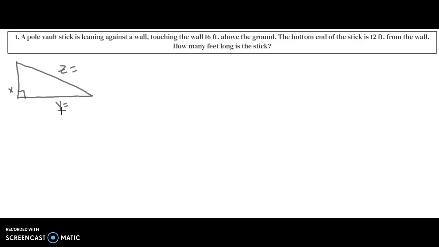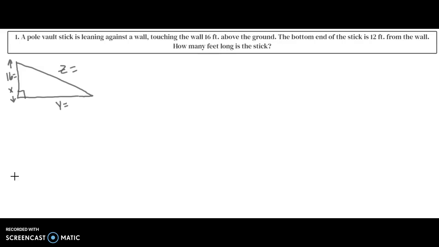A pole vault stick is leaning against a wall, 16 feet above the ground. Obviously, this would be the 16 feet above the ground, touching the wall.